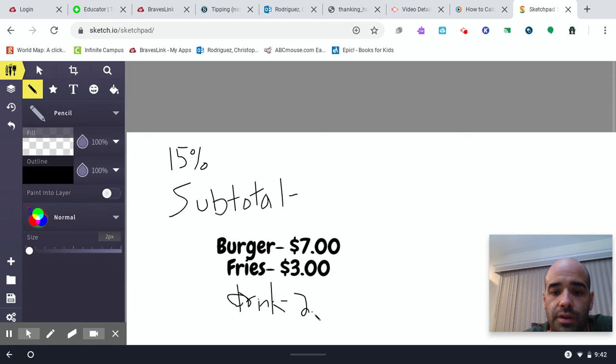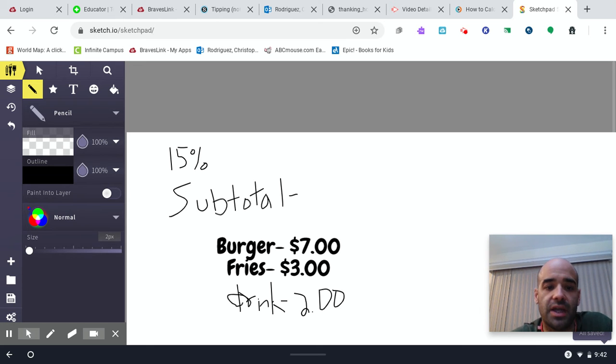So think for a second. How am I going to figure out my subtotal? The amount for the goods that I'm buying. Before tax and tip is the subtotal. So I need to use addition, right?